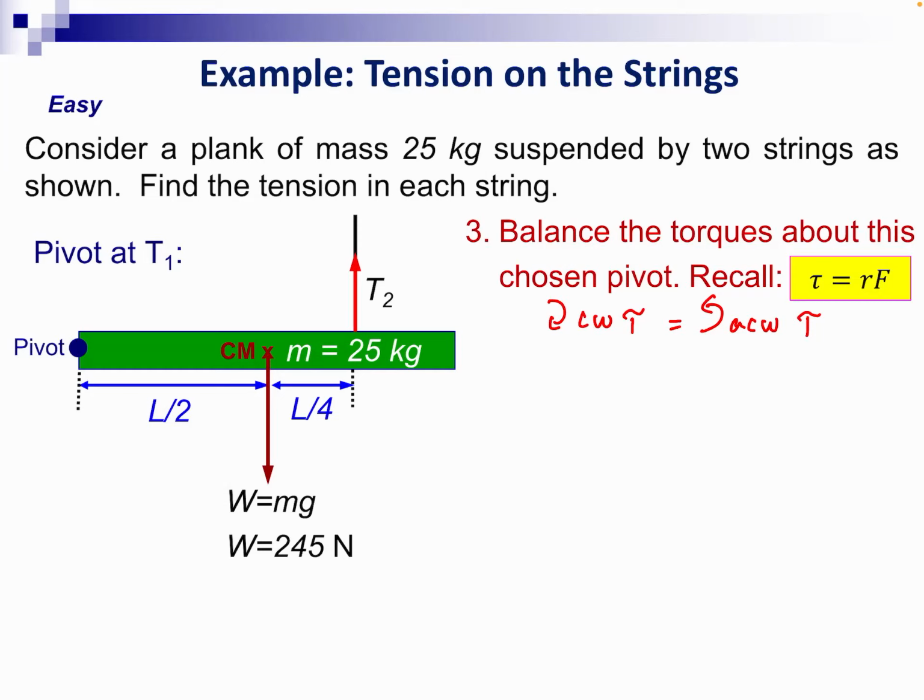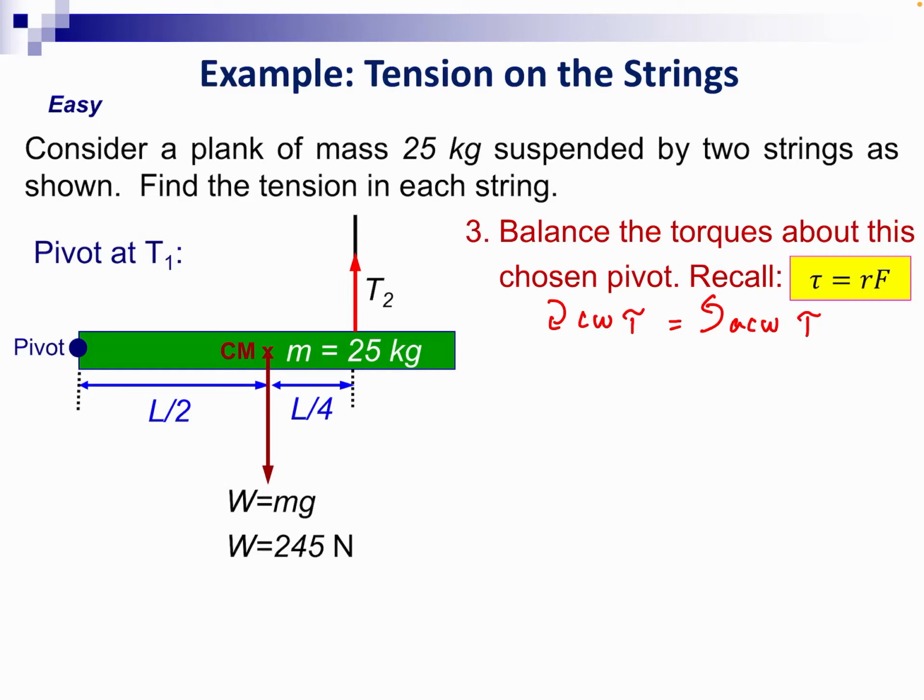Right, so looking at your free body diagram, which force will try to create a clockwise torque? Is it weight or T2? Weight, right? It's pulling on the plank downwards.